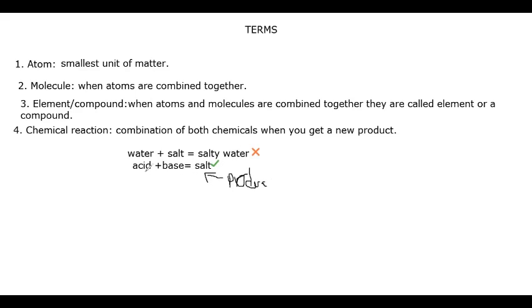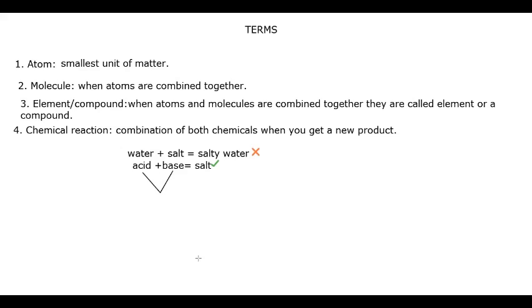Now, continuing on, this salt is a product. What's a reactant? The acid and the base together is called a reactant. Okay, I can't write with pens. Give me something that I can write with properly. Okay, I'm gonna wait a second, guys. I'm gonna come back with a different pen. Okay, so acid and base together, what are they called?